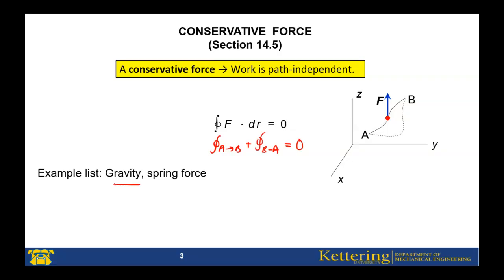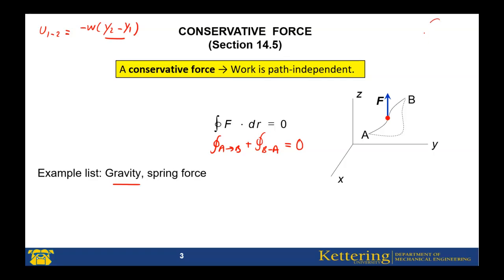For example, for gravity, if you remember, the work of the gravity or weight from point 1 to point 2 was minus W times y2 minus y1. That y2 minus y1 is the difference between the elevations along the vertical direction.